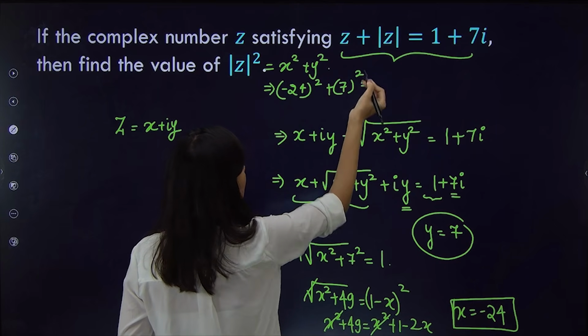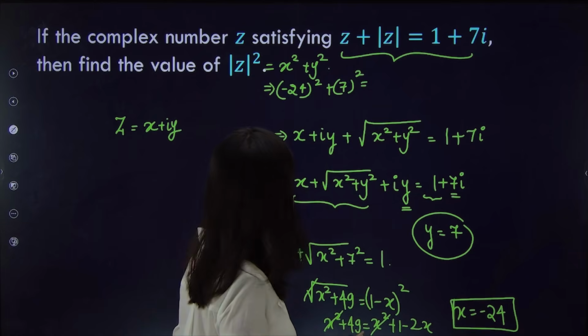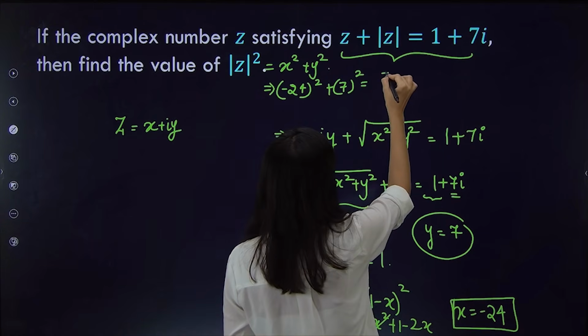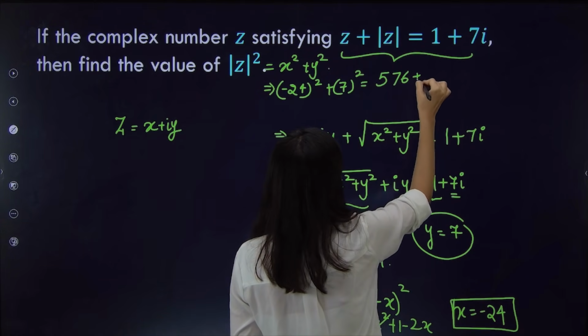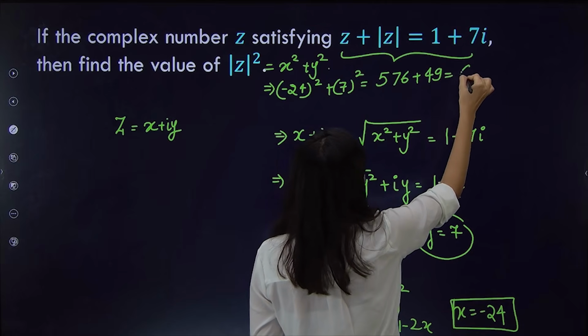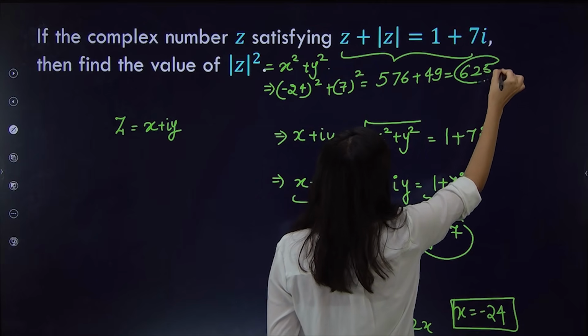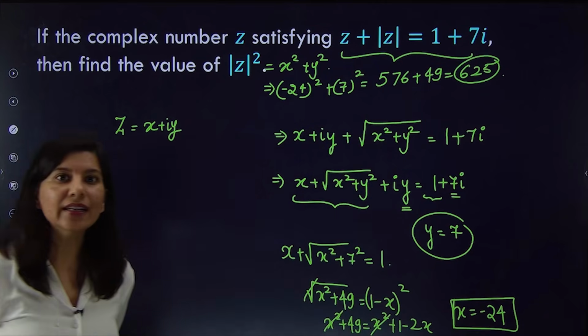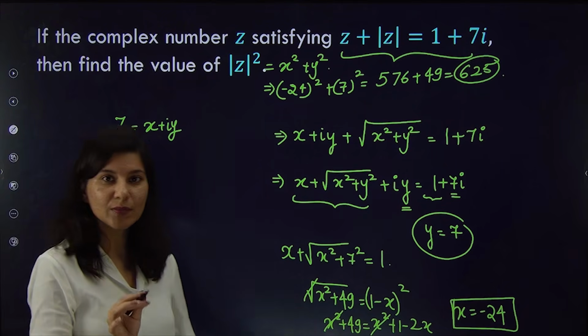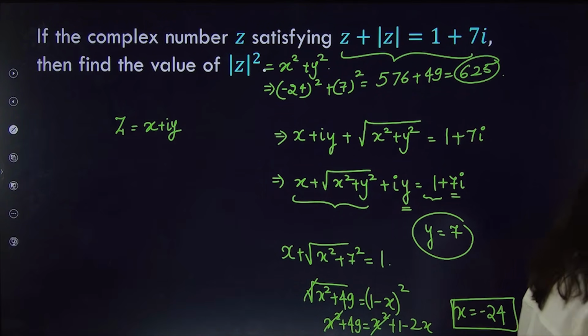So this is going to become 576 plus 49. So this is 625. So the correct answer of this question is 625. Have a look. Let me know if you have any doubts in this.